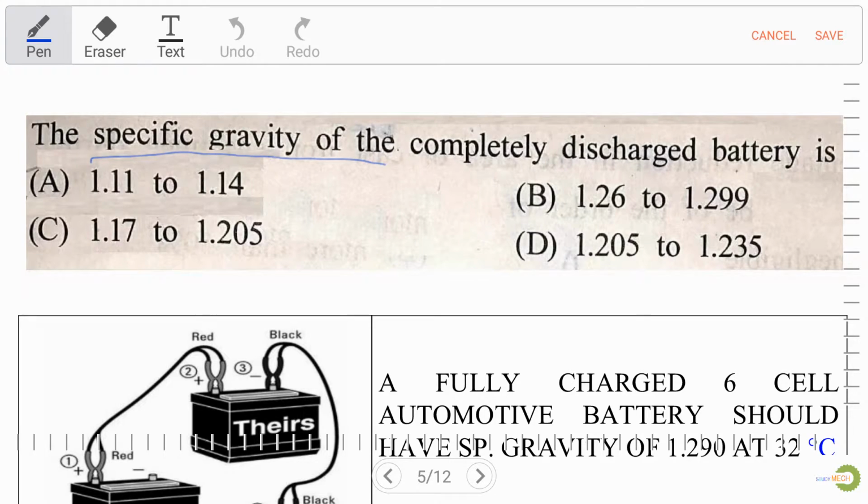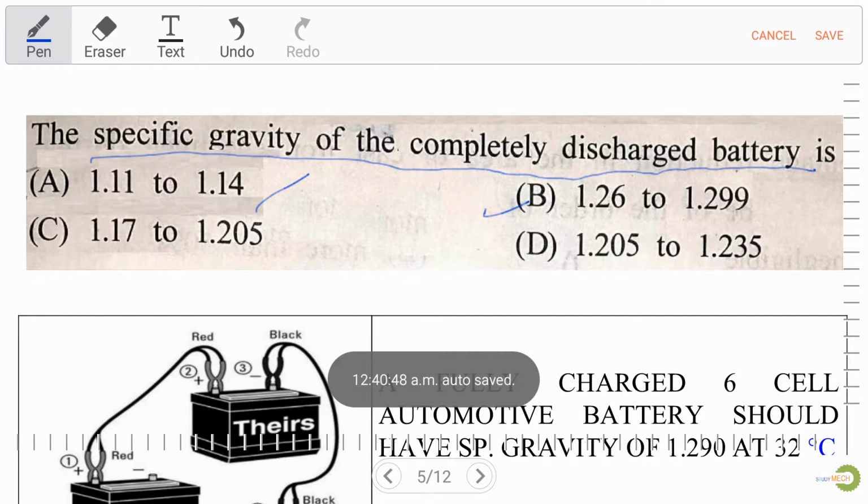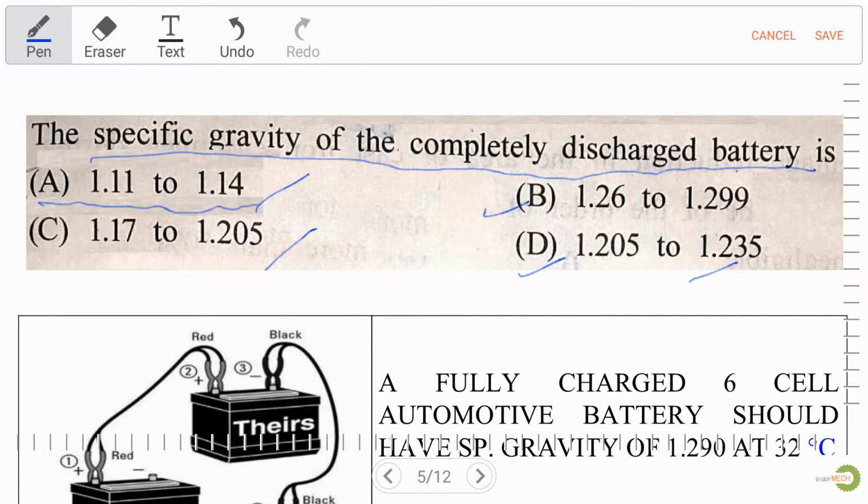The specific gravity of the completely discharged battery is option A 1.11 to 1.14, option B 1.26 to 1.299, option C 1.17 to 1.205, and option D 1.205 to 1.235. So over here our right answer is option A, 1.11 to 1.14.